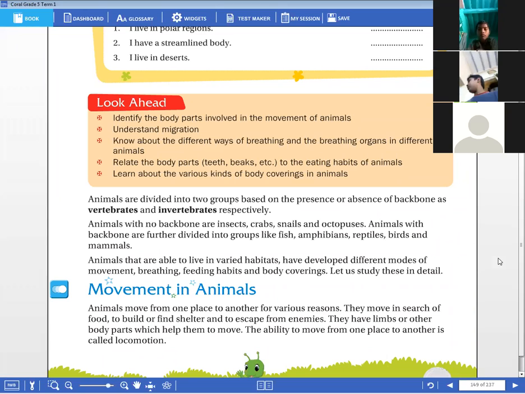Write down the lesson name and note it down. What is the lesson name, children?